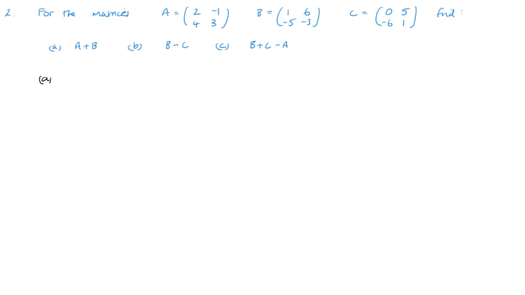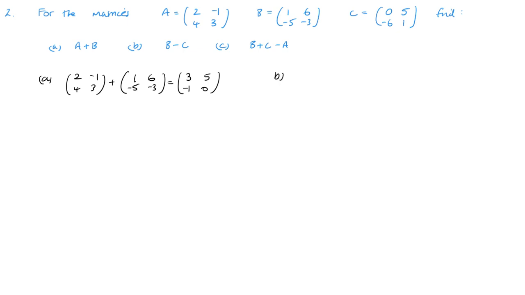Part A is A plus B. Adding them, we've got 3, 5, minus 1 and 0.